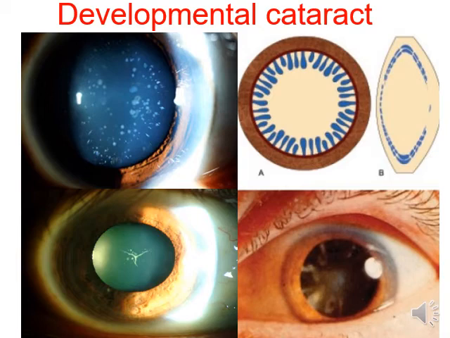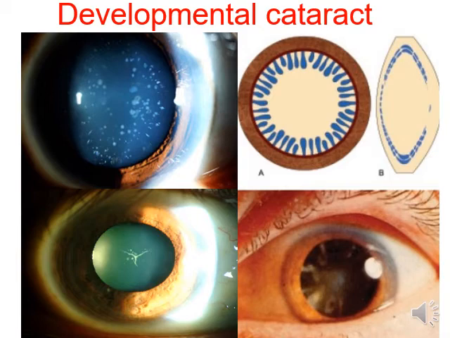Below is the sutural cataract, causing this Y-shaped opacity of the lens. It is opacification of the sutures of the lens. To the left is the coronary cataract.